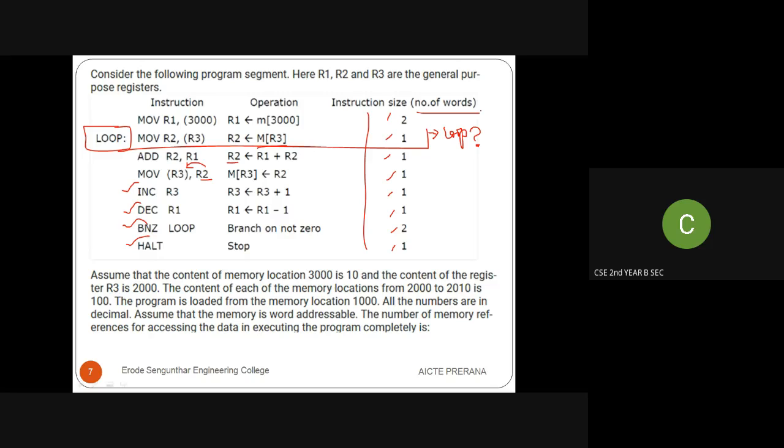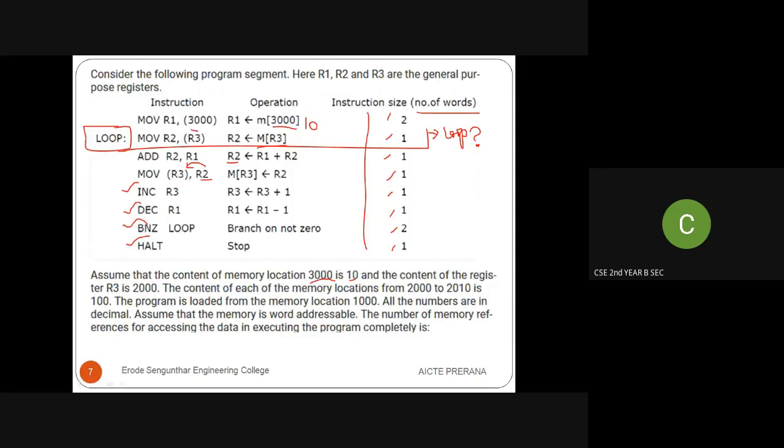So what is the task they are giving? What is the task they are asking us to find out? That is the remaining part of the question. So assume that the content of memory location 3000 is 10. Here they have given the content as 10.